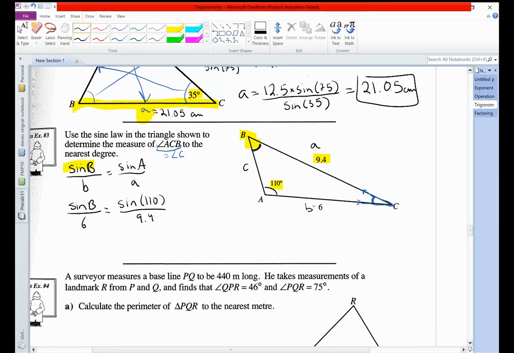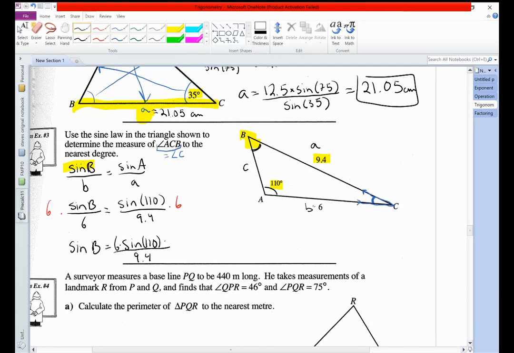Now we want to get sine of B by itself. We can multiply both sides by 6, and what we're left with is sine of B is equal to sine of 110 multiplied by 6, or if you want, you could put the 6 first: 6 multiplied by sine of 110, all divided by 9.4.